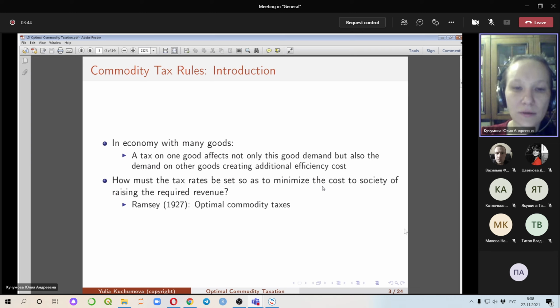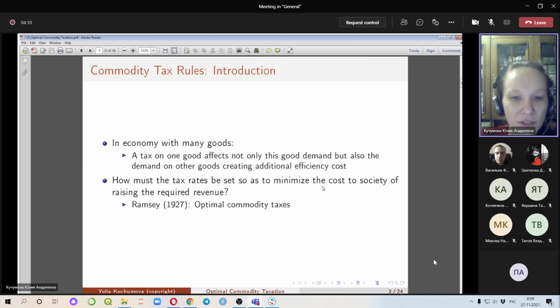And we need to account for all these additional effects. The question is how the tax rates might be set so as to minimize the cost to society of raising the required revenue.